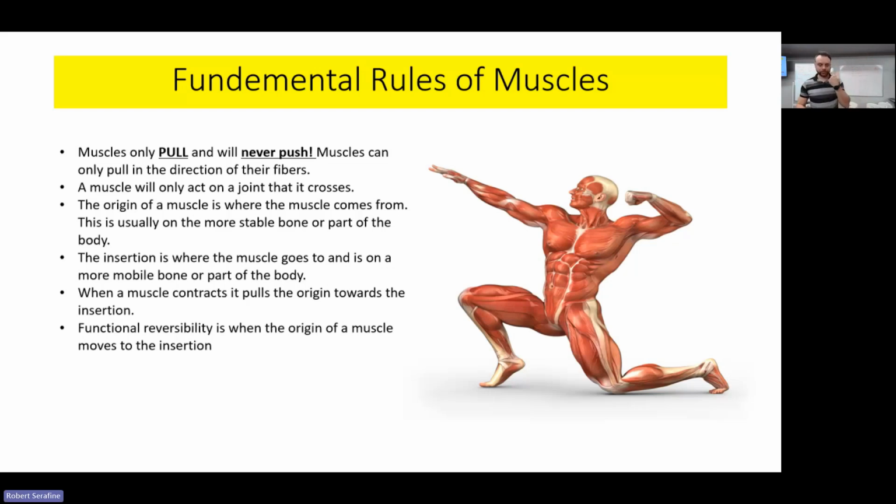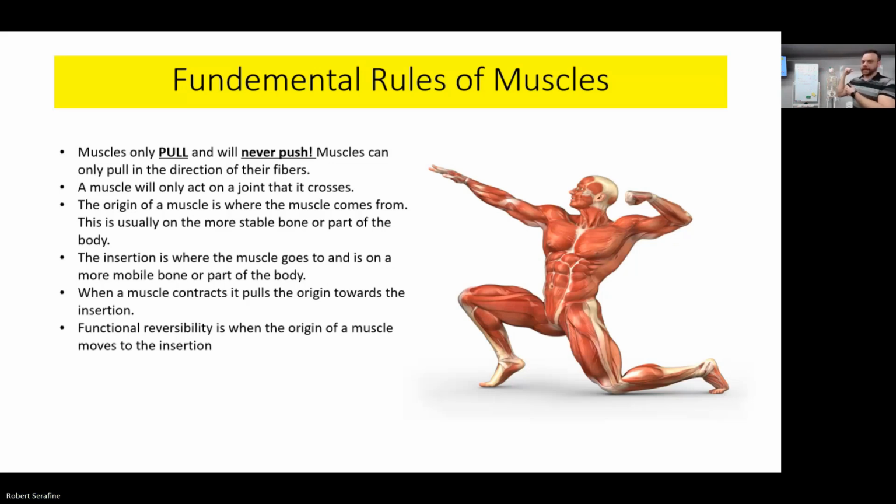That's if I pull you towards me with that rope. If I take the same rope and try to push you away with it, this loose little spaghetti noodle rope, it's just going to coil at my feet, right? So muscles only pull, they never push. For instance, going back to the biceps versus triceps, my biceps is just going to pull my forearm towards my humerus.